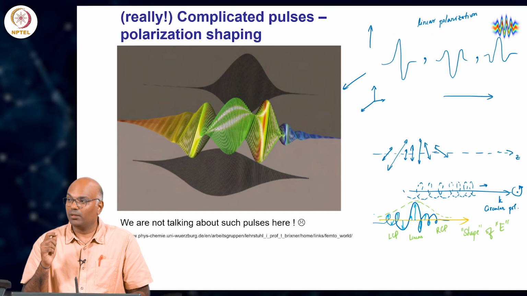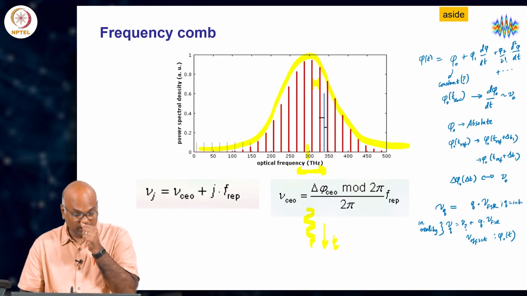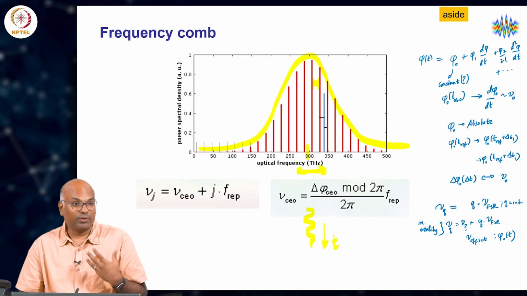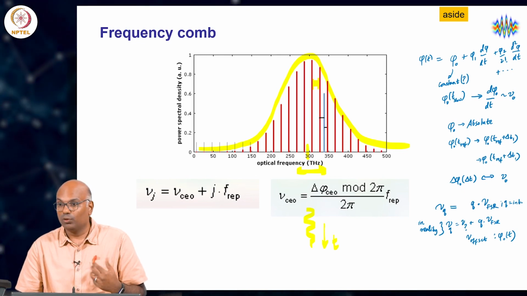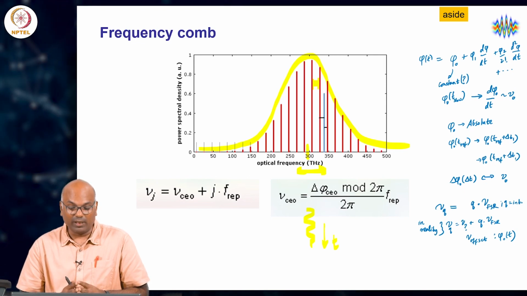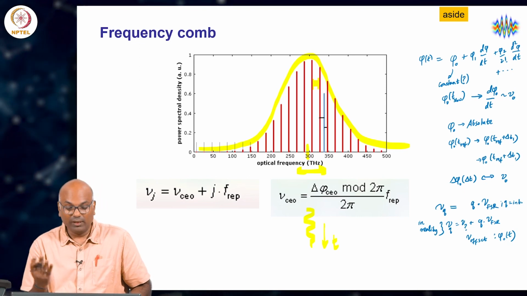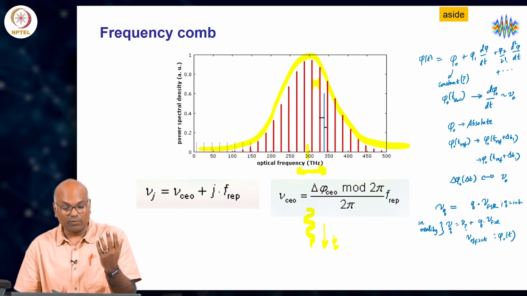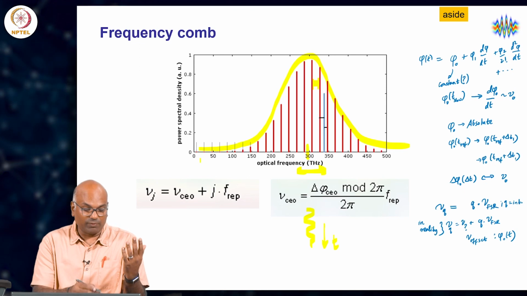So but therein lies, and since we are in discussion mode, therein lies another remarkable thing. If you were to spend substantial time and effort in doing this, you have not only achieved something in the frequency domain. Remember that the interleave of the comb frequencies can be controlled very well, and you could control also the offset very well.